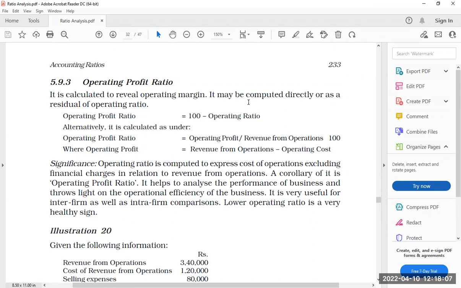Operating profit divided by net sales into 100, one way of doing it. Otherwise, the simple way, if you already have operating ratio, minus that from 100. 100 minus operating ratio is equal to operating profit ratio. Both are giving the same answer.